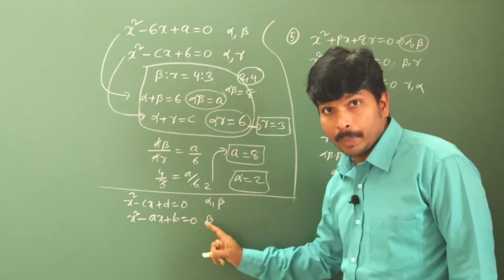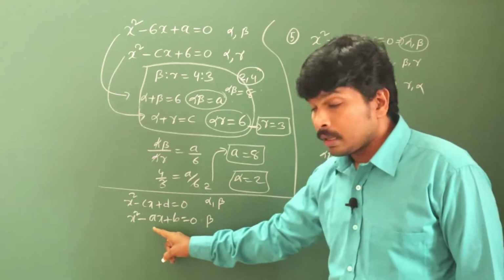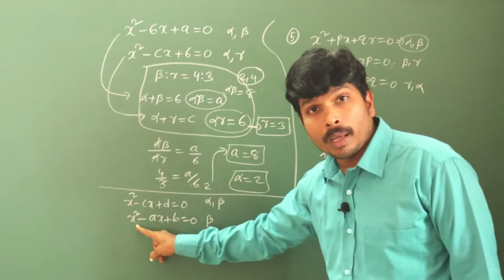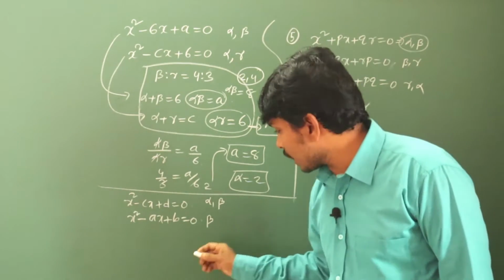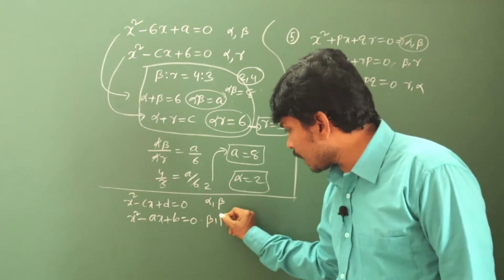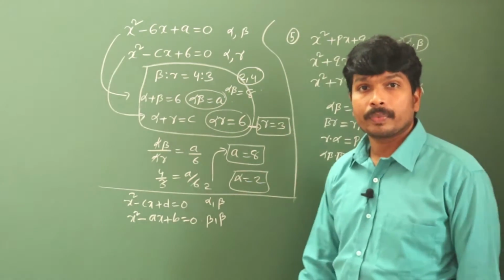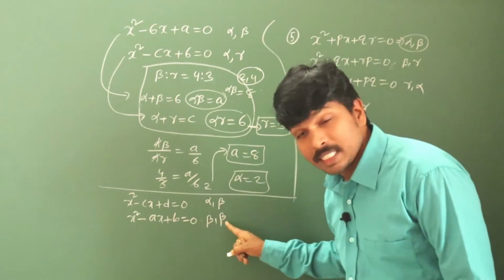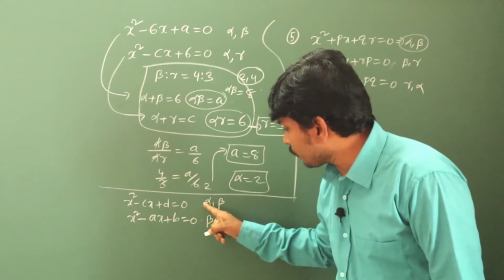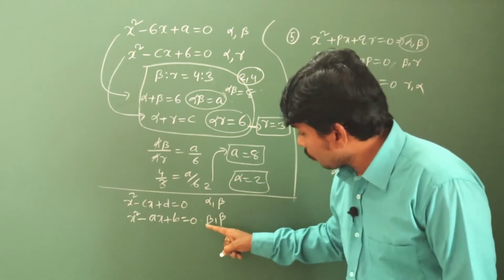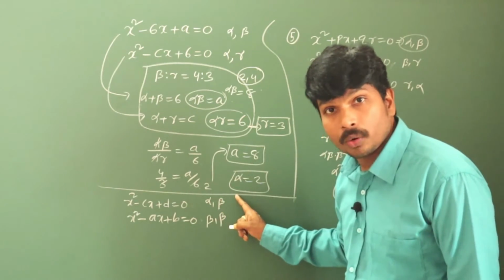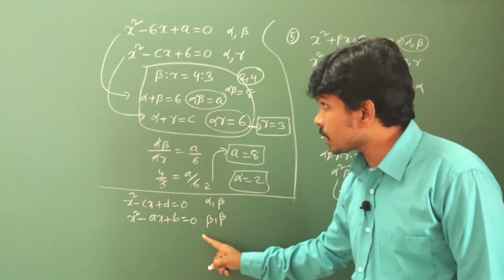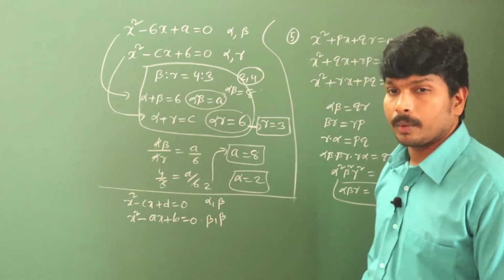According to the problem, the second equation has equal roots, so its roots are beta, beta, and the first equation has roots alpha, beta.